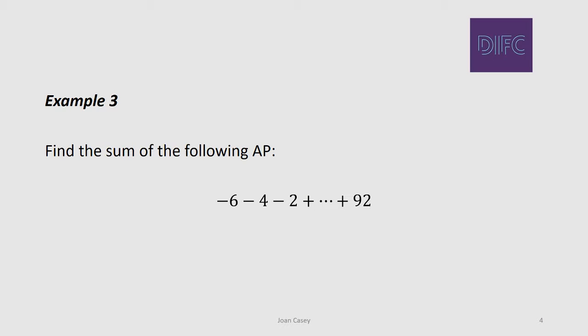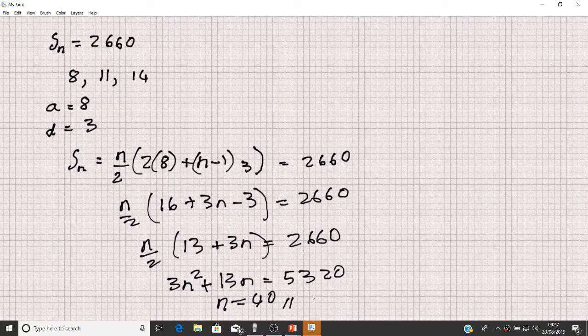Example 3. Find the sum of the following AP. So we have negative 6, negative 4, negative 2, and so on, all the way along until we get to positive 92.